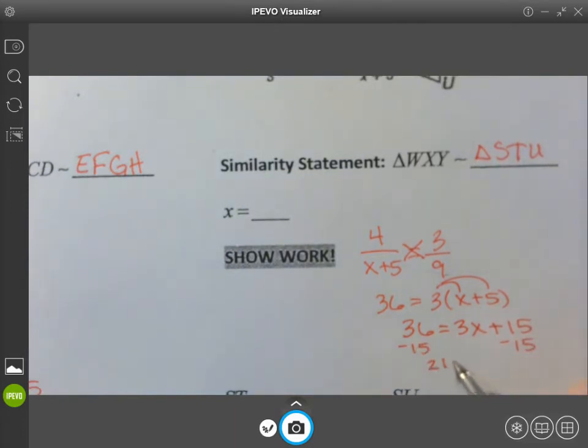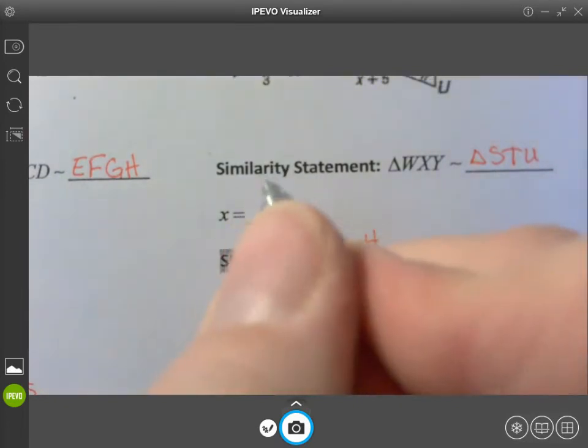I get 21 equals 3x, and then go ahead and divide. We should get x is 7. All right, did you get 7? Now that's x. So I'll put that up here.